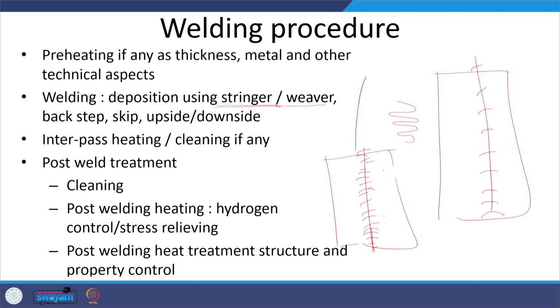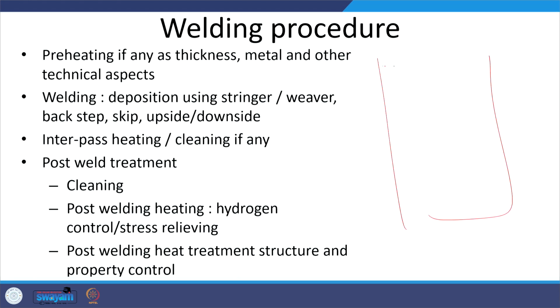So 1, 2, 3, 4, this is how the welding is done. This is skip welding. The second one is where the welding is started back step like this. We move backwards, then skip, then again start somewhere else. This is called back step welding.